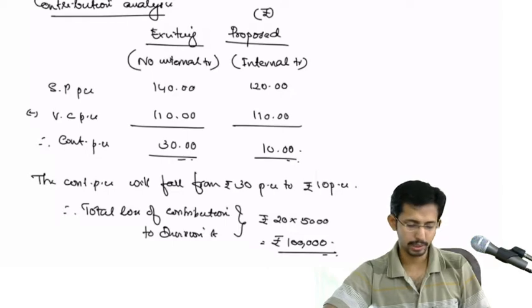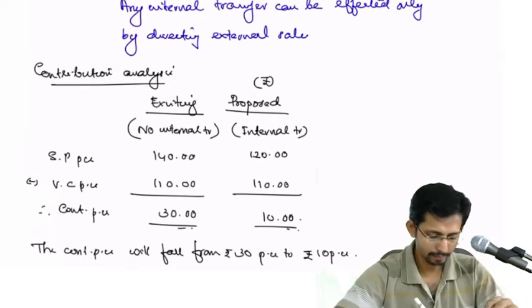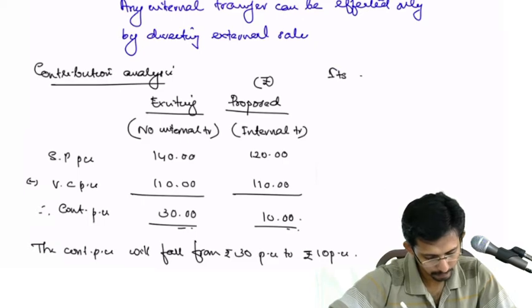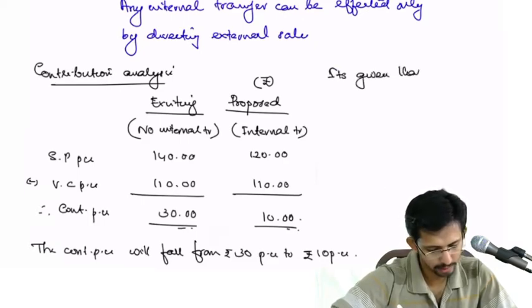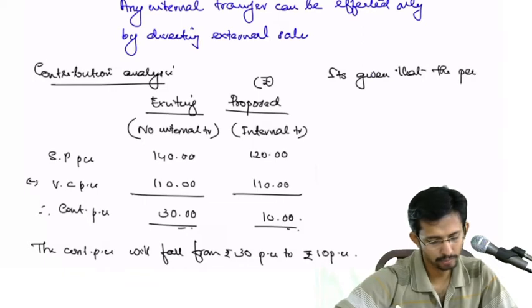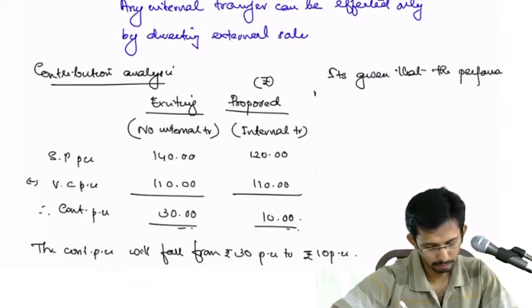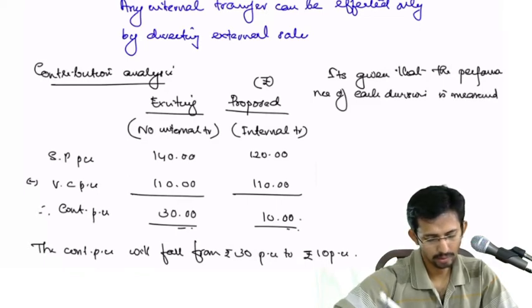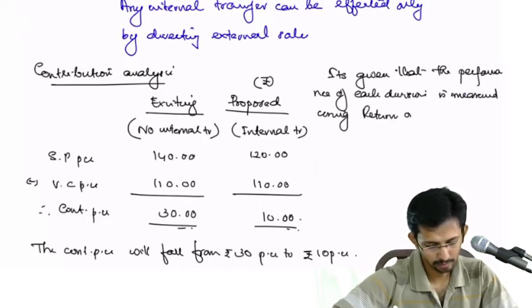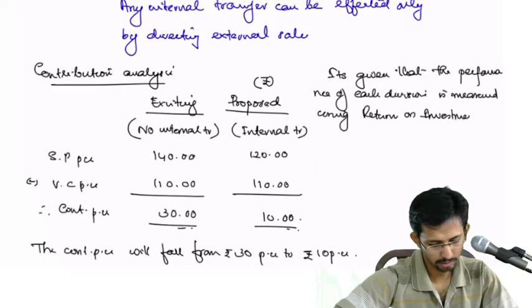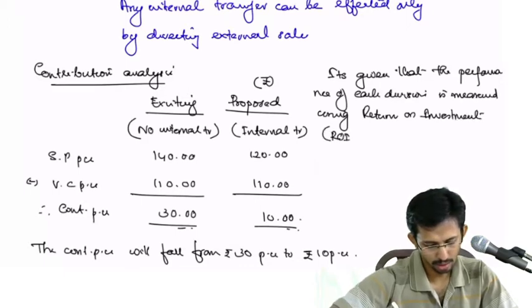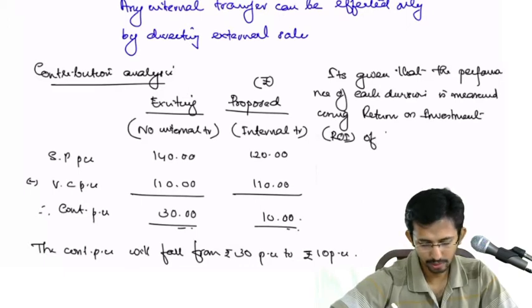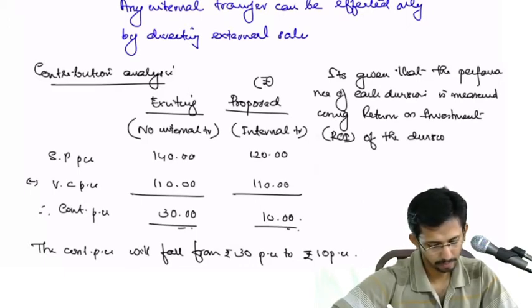Now there is one more perspective. What is that? Return on investment. So you can write that it's given that the performance of each division is measured using return on investment or ROI of the division.